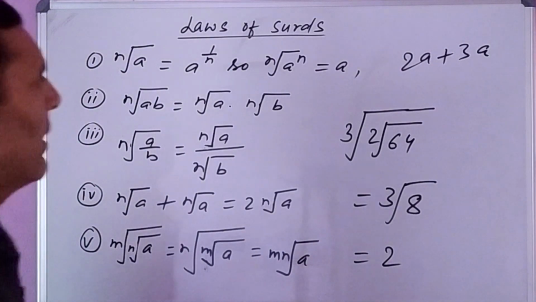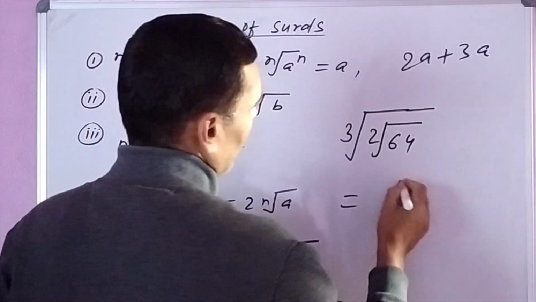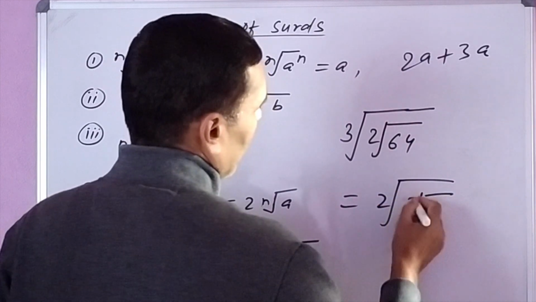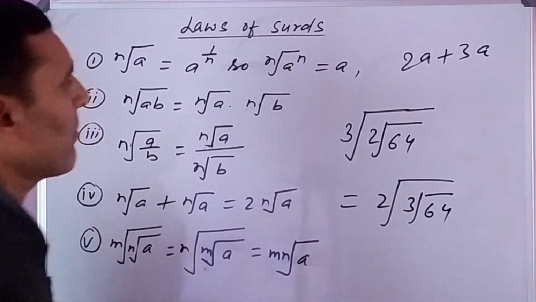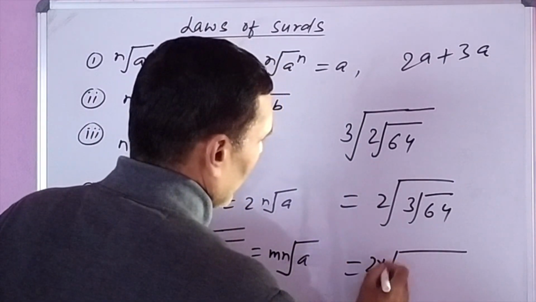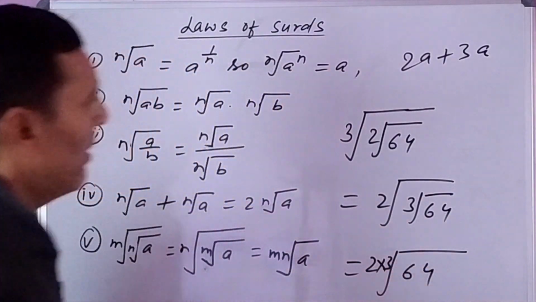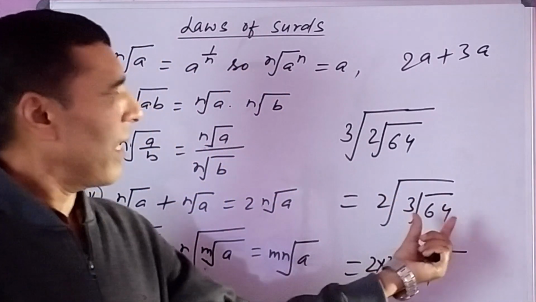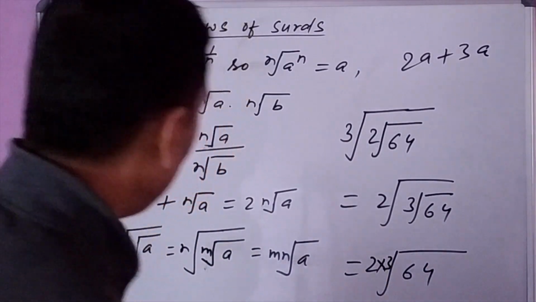Look here now. The same can be written as square root first and cube root second of 64, or it also can be written as 2 into 3, making the order 6, of 64. Whether we write in this way or this way, we will get the same value.